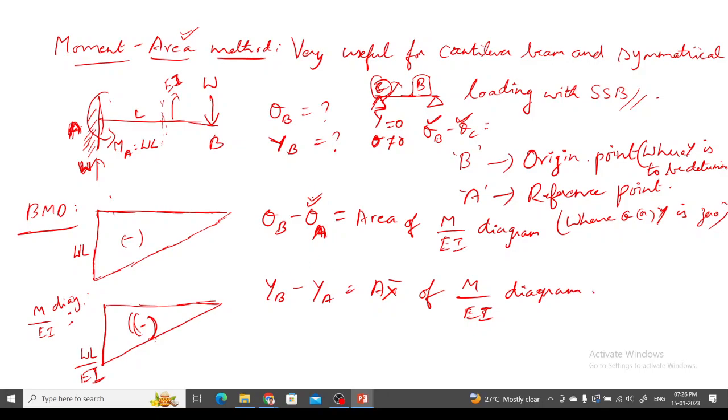For this case theta A becomes 0, and for this case YA becomes 0. So directly you can find out what is theta B and what is YB. Understood? So can you find out the value of theta B first, and then let's go for A X bar.